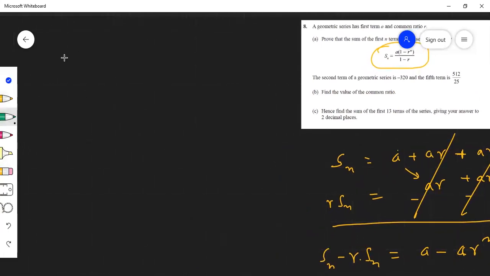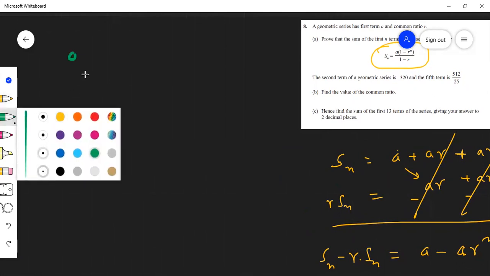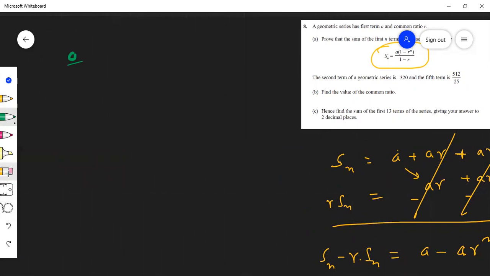Second term A2 of a geometric expression would be ar, so ar is given as minus 320. And the fifth term would be ar^4, which we know because the nth term of a geometric expression is given by ar^(n-1). This is 512 divided by 25.